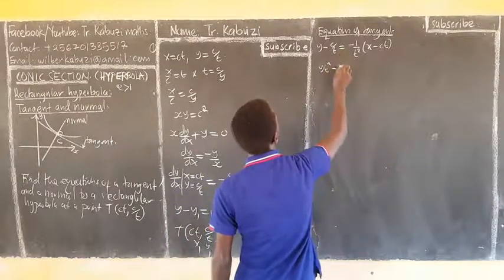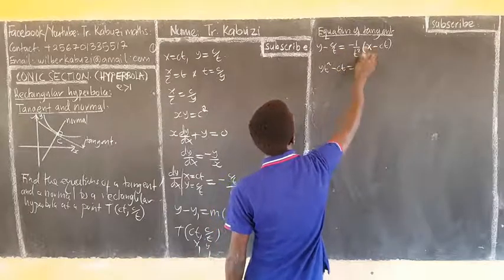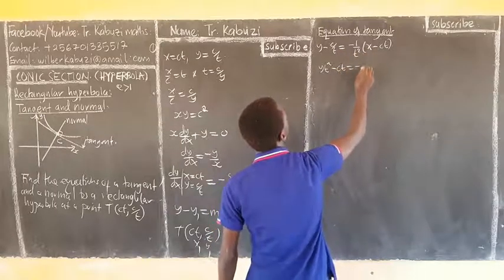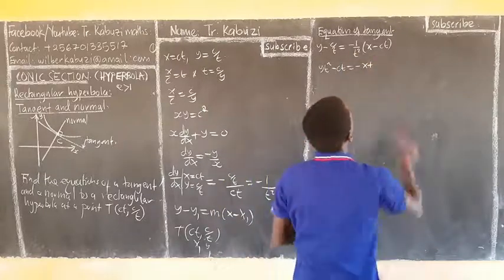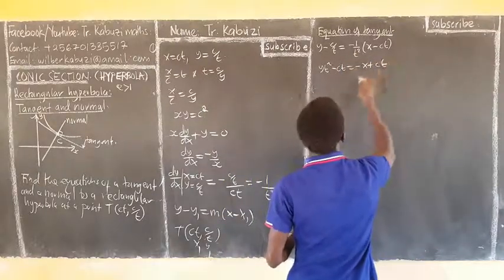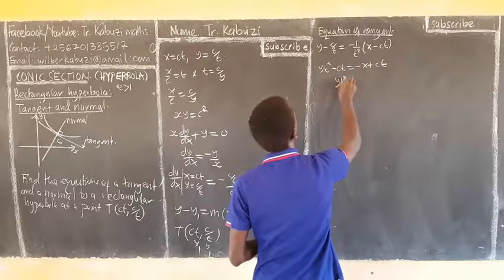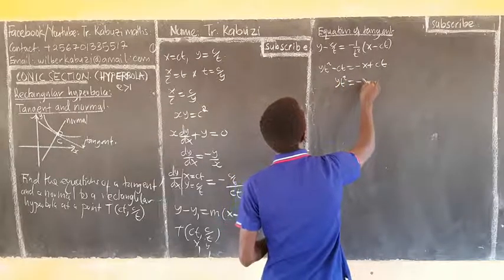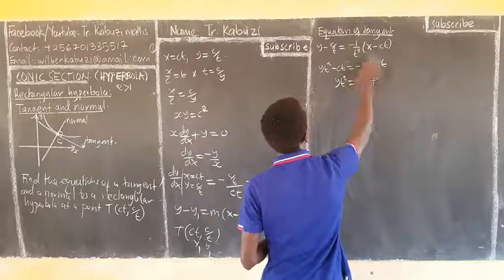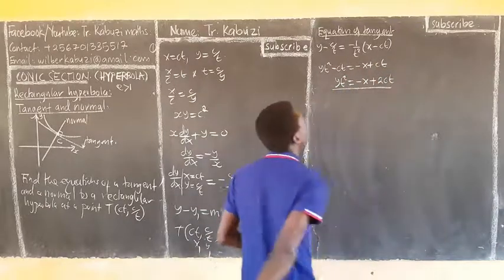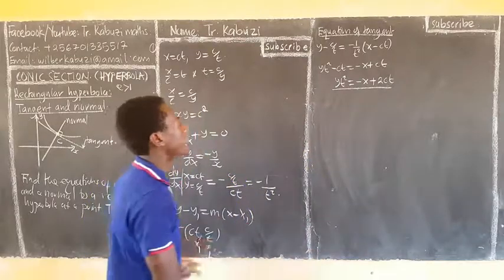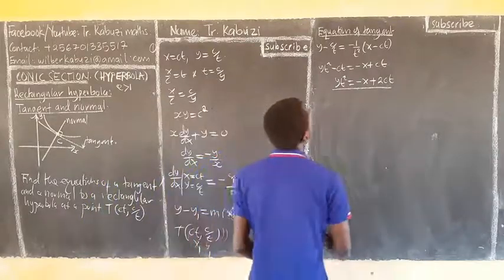This time this will cancel and give me t, equaling to negative x plus ct. When I take this beside, so that now my yt squared will be negative x, then plus 2ct, as the equation of the tangent.